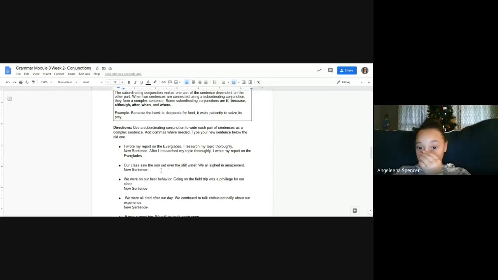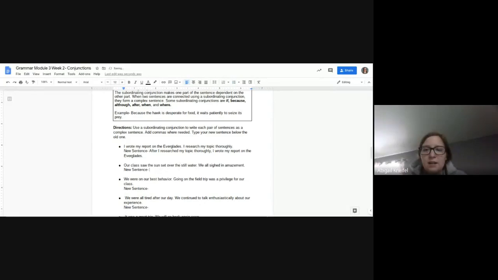Okay. So let's do another one. Our class saw the sun set over the still water. We all sighed in amazement. So we could say, when our class, my computer's moving slow. When our class saw the sun set over the water, we all sighed in amazement.